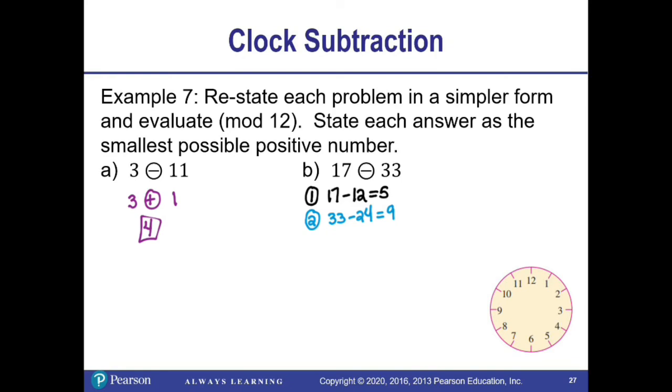So 17 minus 33 on the clock is the same thing as 5 minus 9. I can change the minus to a plus and add the additive inverse. The additive inverse of 9 is the number that I add to 9 to get 12. Well, 9 plus 3 makes 12. And 5 plus 3 on the clock is 8.